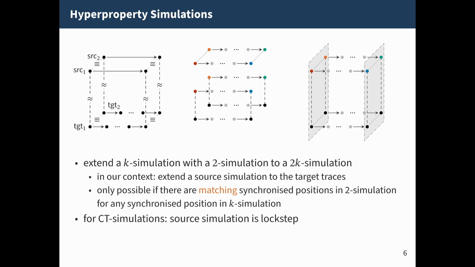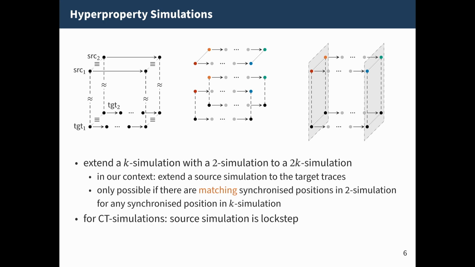And now let's look at this. The CT simulations that were introduced by Barthe et al. are essentially this for a lockstep simulation in the source. So here we have a lockstep simulation. We go from each source state just one step forward, and we have a source-target simulation here.